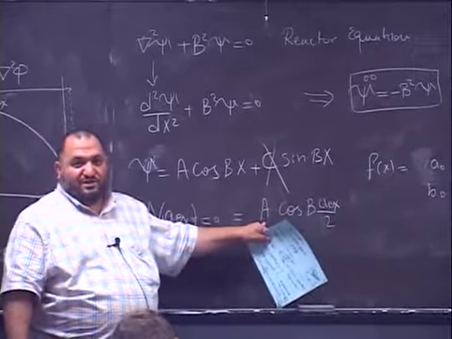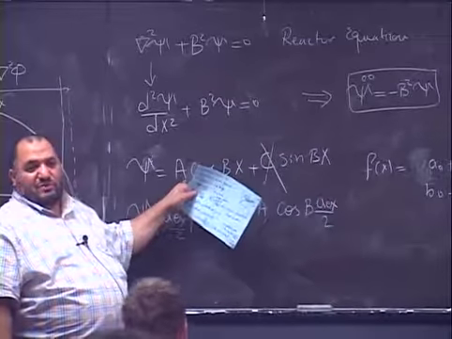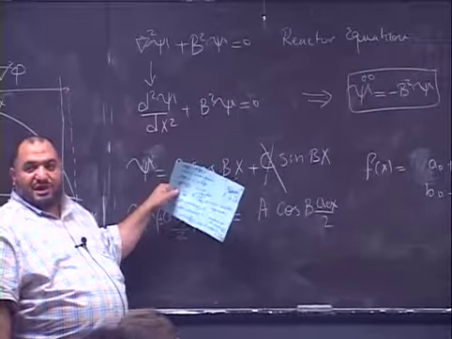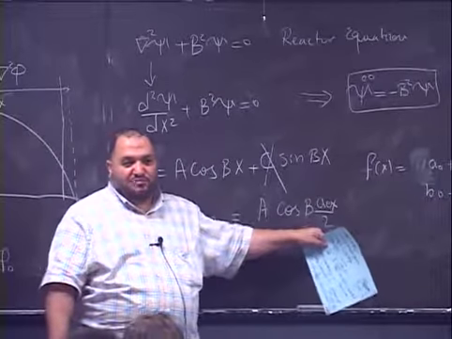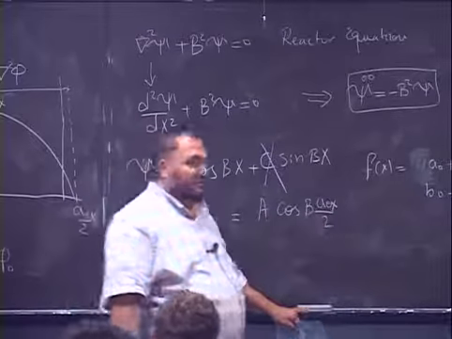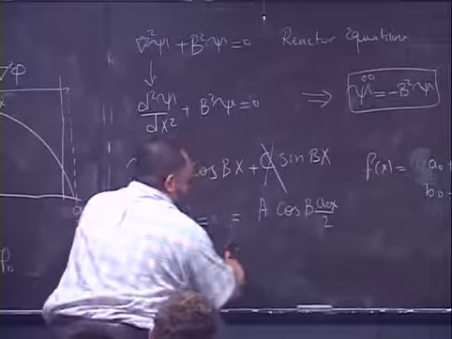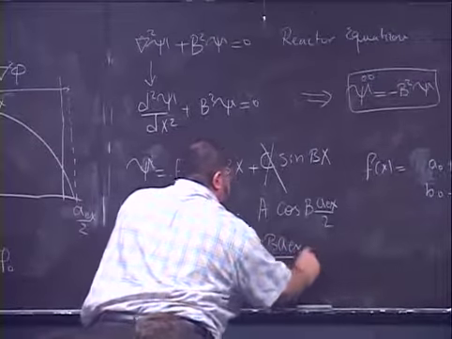Why? Because I already made C equal to 0, and if A is equal to 0, the flux will be the trivial solution, and I will have 0. So it is the cosine of B A extrapolated over 2 that is equal to 0.